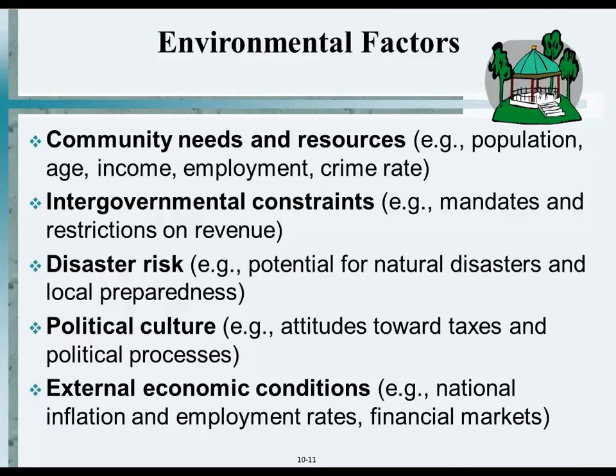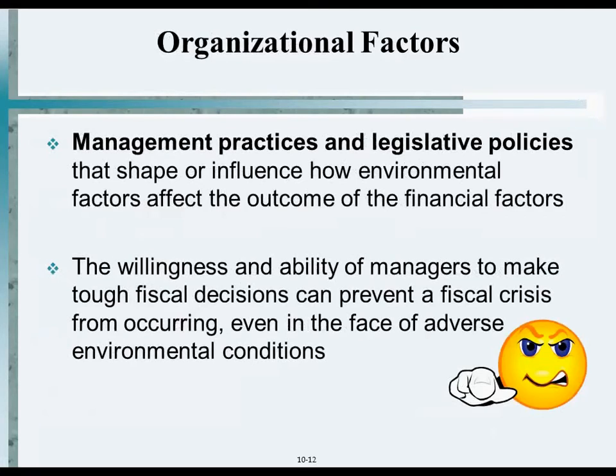And then external economic conditions, these are things that you can't control. If the country has a high unemployment rate, well, there's so much you can do at the local level. So those are the environmental factors. Organizational factors are management practices and legislative policies. And these are the questions which we've dealt with so far. These are the folks who are going to be making the decisions, and that's what it means by management practices.